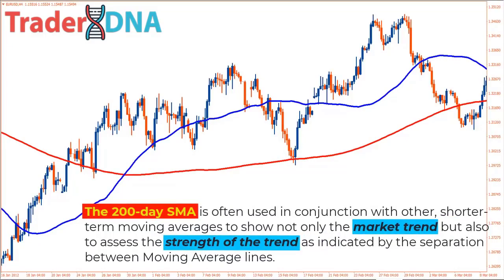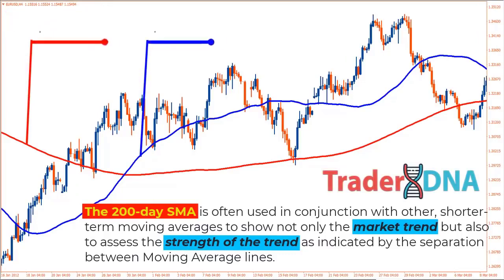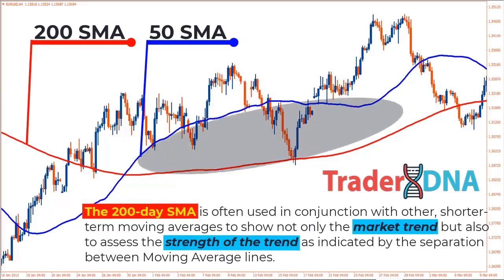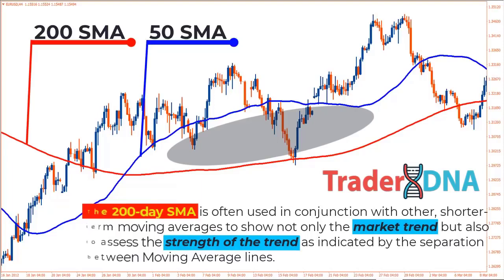For example, comparing the 50-day SMA and 200-day is relatively common. When moving average lines converge, this sometimes indicates a lack of definitive market momentum, whereas the increasing separation between shorter-term moving averages and longer-term moving averages typically indicates increasing trend strength and market momentum.